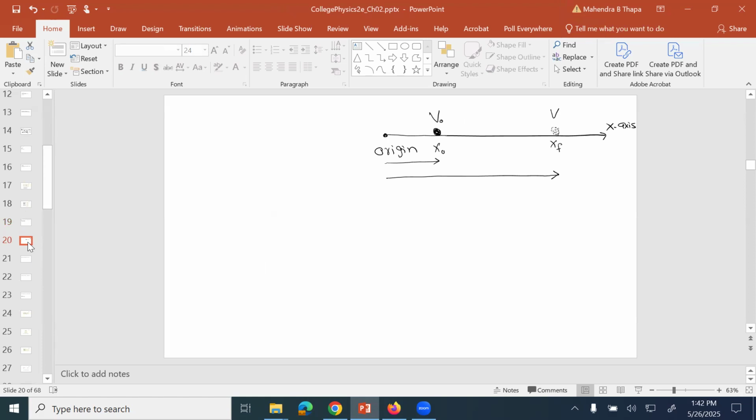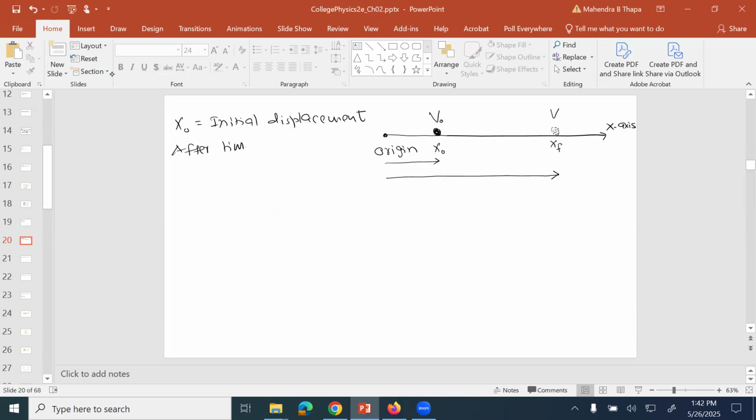So in this case, say x naught is the initial displacement. The object is there.